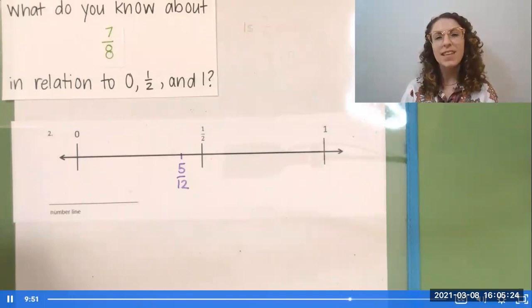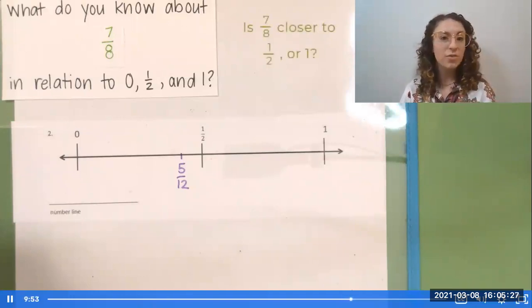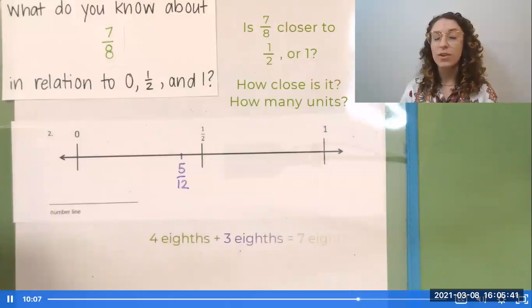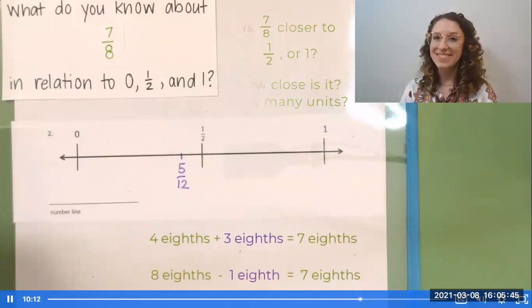Now think, is 7/8 closer to half or closer to 1? Think about how many units away from each benchmark. 7/8 is 3/8 greater than half and only 1/8 less than 1.